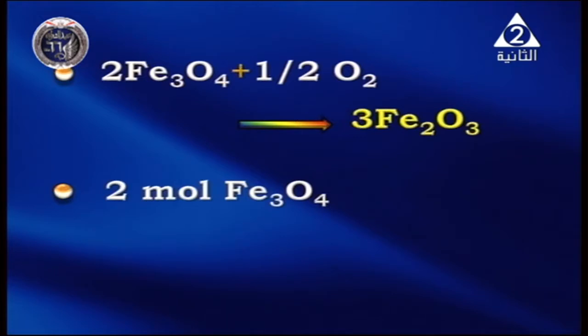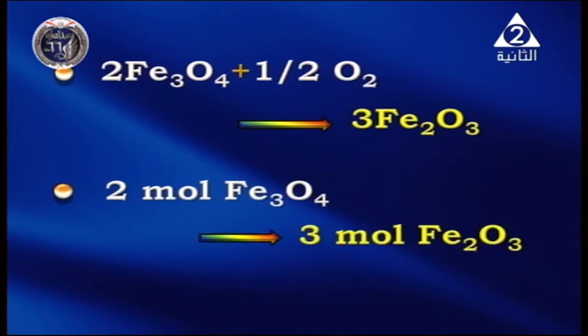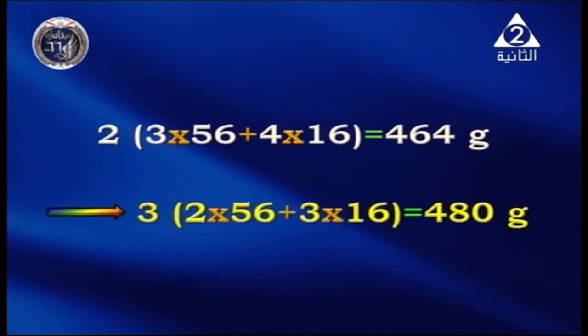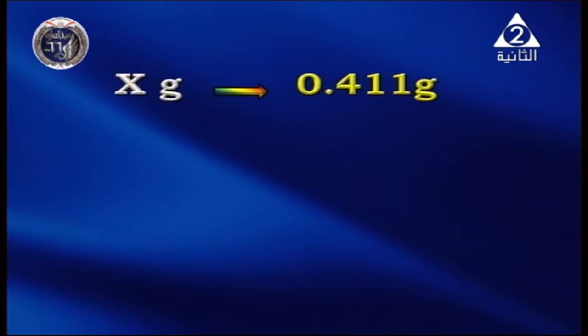So 2 moles of magnetic iron oxide give 3 moles of iron 3 oxide. So 2 times (3 times 56 plus 4 times 16) equals 464 gram. That gives 3 times (2 times 56 plus 3 times 16) gives 480 gram. So x gram here can be 0.411 gram.